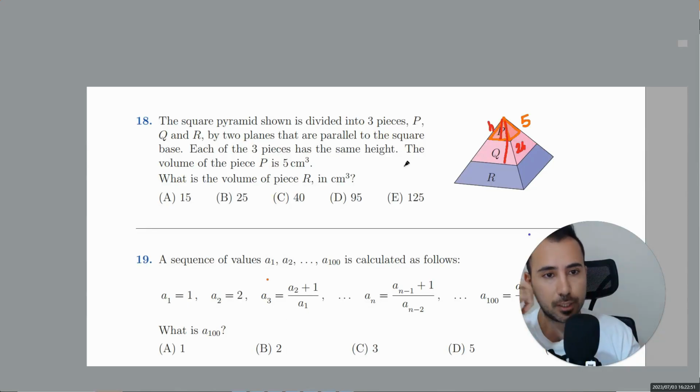This one has height H, this one 2H. So again, this small one was 5. Now we want to find the volume of this bigger pyramid. Okay, we're interested in this one.